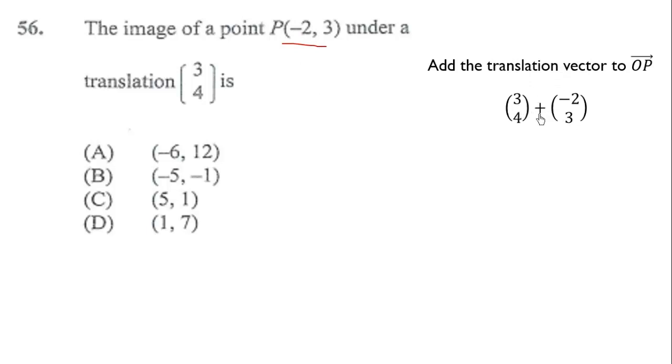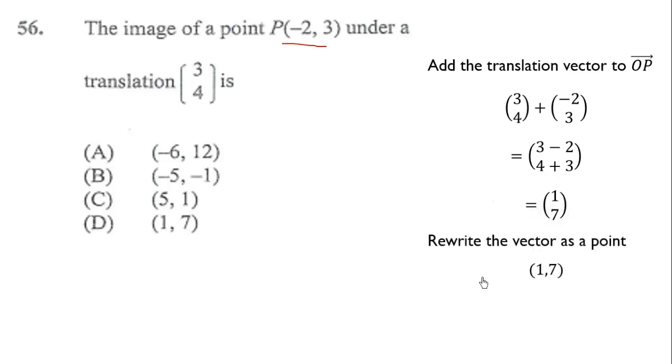So this is one way of doing it. We have another way. You can just decide to do it in point form. So we have 3 minus 2, 4 plus 3, and that will give you 1, 7. So you write this as a point to get (1, 7). So this is your answer.